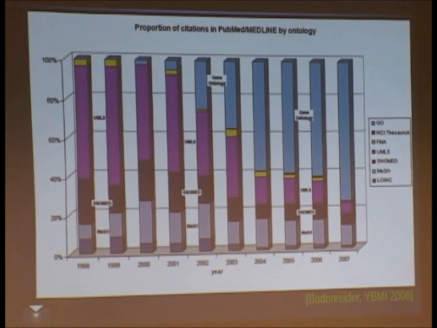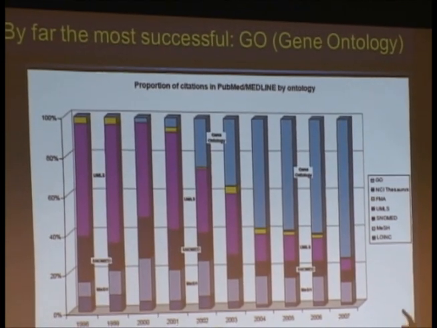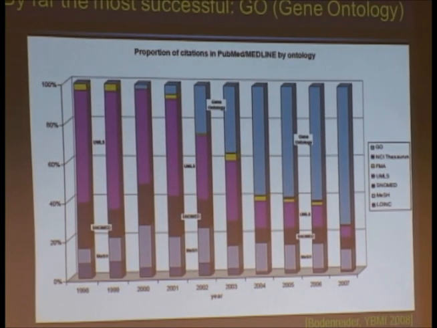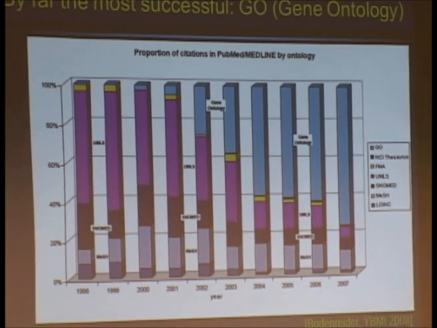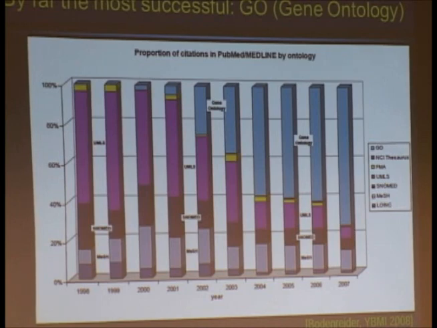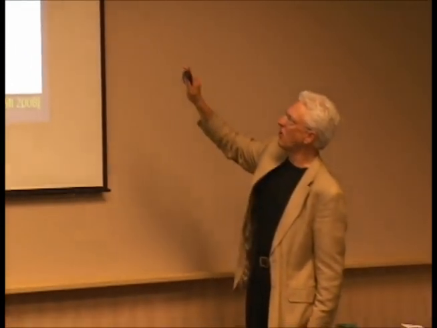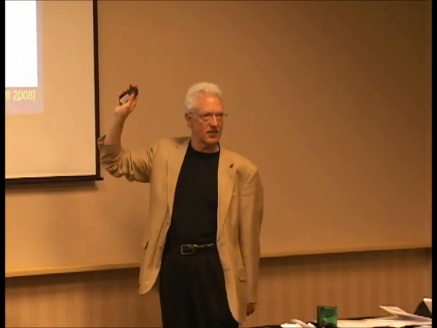And if we examine the statistics more carefully, which is what Bodenreider did, then you will see that nearly all the occurrences of ontology in PubMed are references to just one ontology, which was the Gene Ontology. The Gene Ontology overwhelms all other ontologies, including SNOMED, even including MeSH, from the point of view of the use of the word ontology. Now, this is not all too surprising for SNOMED and MeSH, because they don't contain the word ontology in their names.